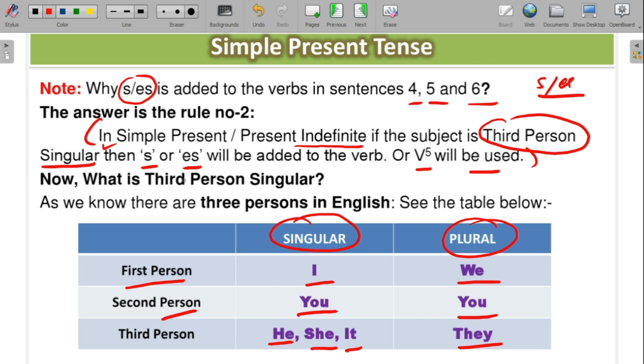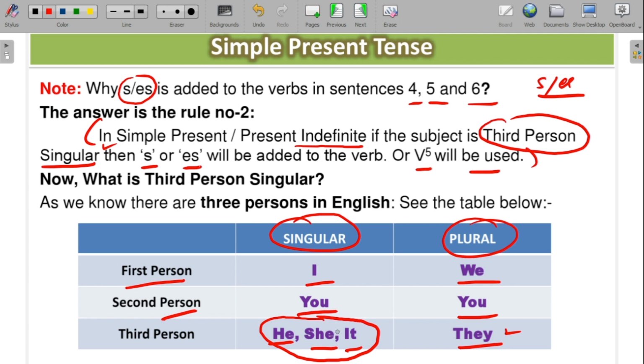So here it is written that if the sentence is in simple present tense, or we can say present indefinite, and if the subject is third person singular, that means he, she, it or any other singular subject except I, you, we and they, or any plural subject except those, that is third person.